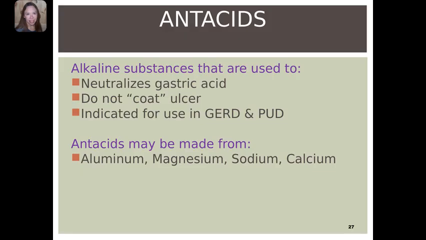It's just neutralizing the gastric acid. Why would a patient use antacids? Well, again, for GERD or peptic ulcer disease. And what would antacids be made from? Well, we'll have aluminum, magnesium, sodium, and calcium. So next time you go to the pharmacy, look at the antacids and see which ones are made from aluminum, which ones are made from magnesium, etc.